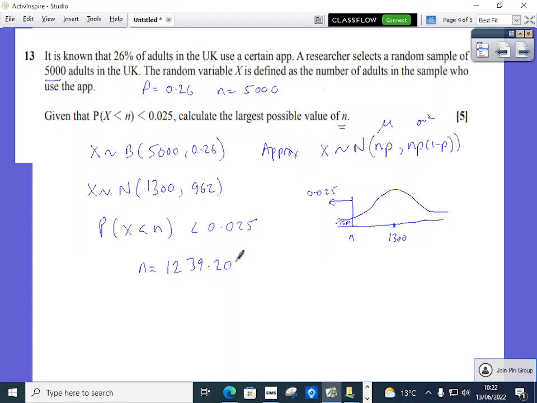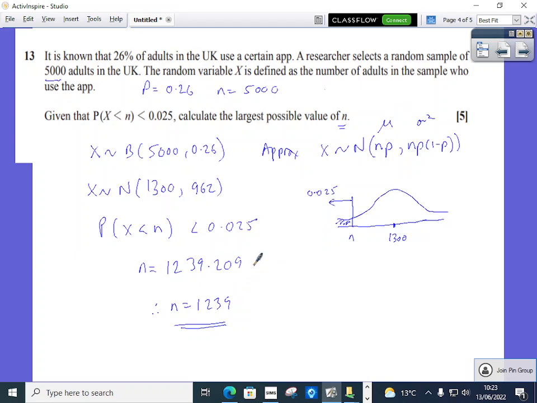I'm hoping yours will do the same. It does ask you to calculate the largest possible value, so the largest possible value is therefore N equals 1,239. That's the largest possible value once you put it all together. A bit of working out, and then your 5 marks are coming out.